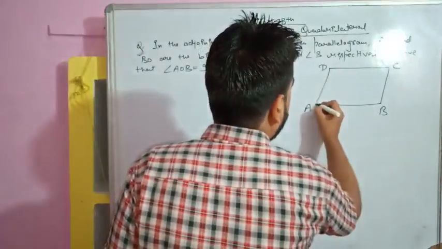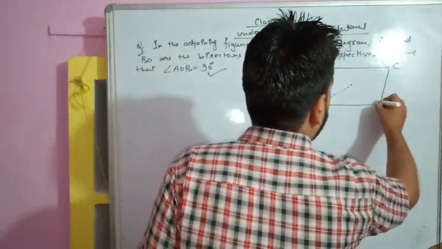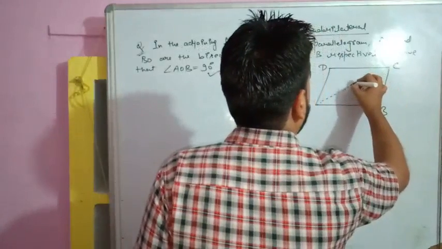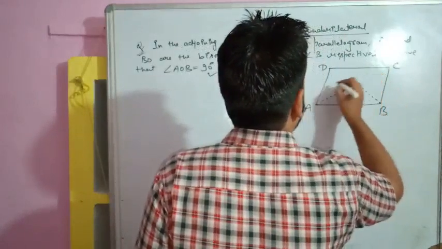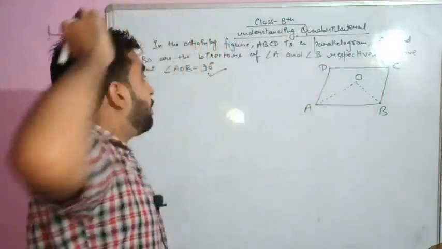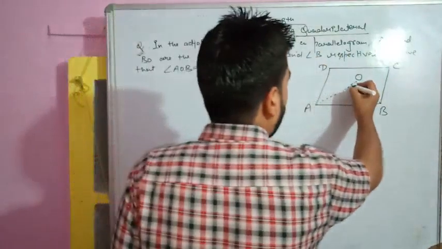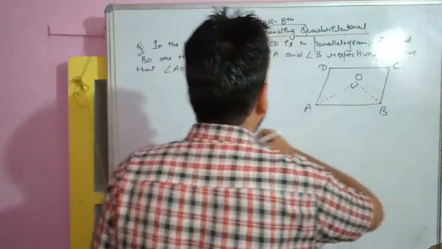So this is angle A, and this is how the bisector will be. This is angle B, and the bisector will be like this. The bisectors of angle A and B join at O. Prove angle AOB is equal to 90 degrees. In this figure we have to prove that this angle is 90 degrees.